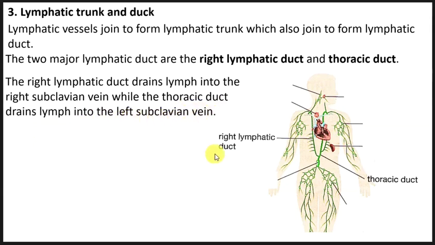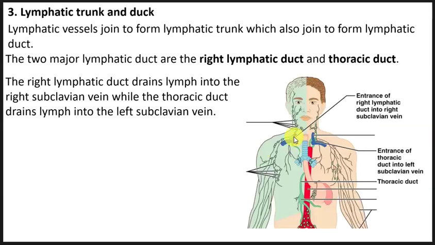Okay, so here the right lymphatic duct drains lymph into the right subclavian vein somewhere here, while this one, the thoracic duct, drains lymph into the left subclavian vein somewhere here. That's where it takes it.